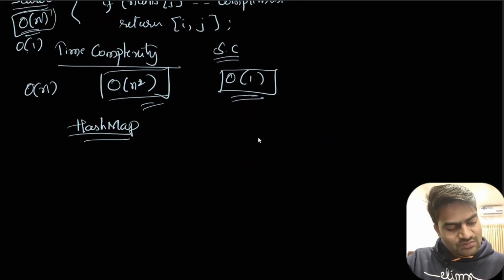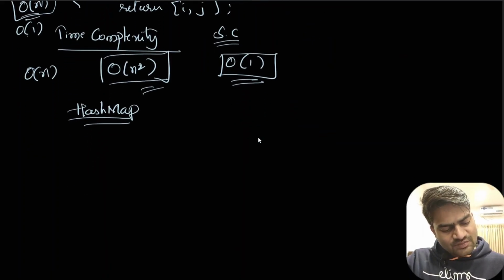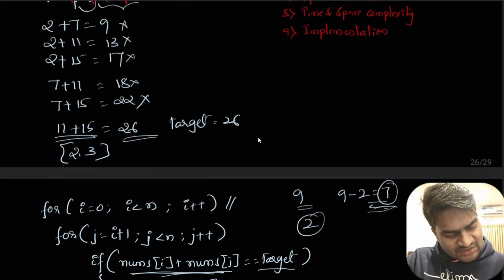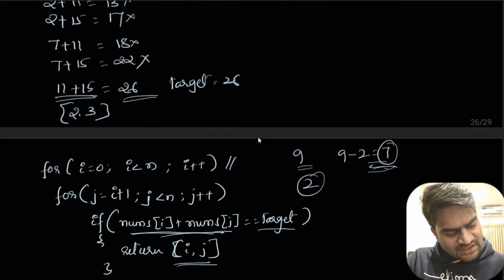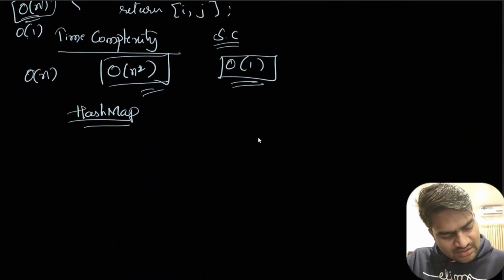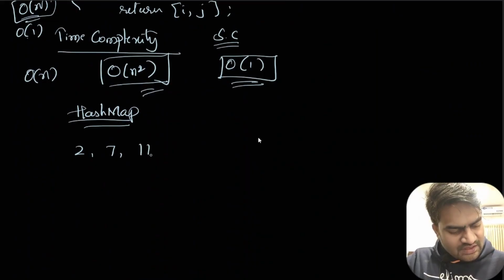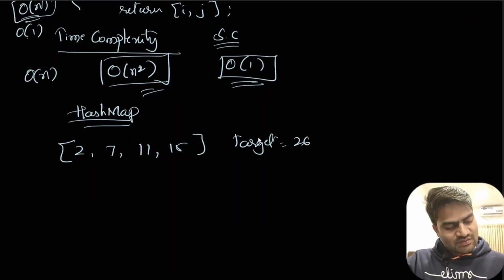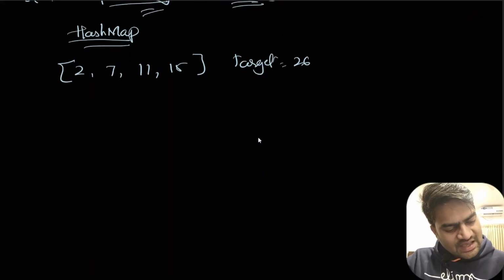Okay, so now let me take this particular array: 2, 7, 11, 15. I will change the target this time. I will simply say my target will be 26. Now I will take a hash map.